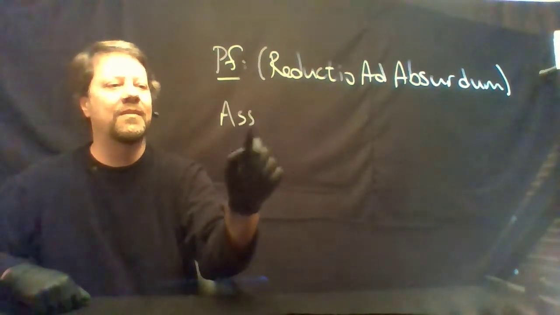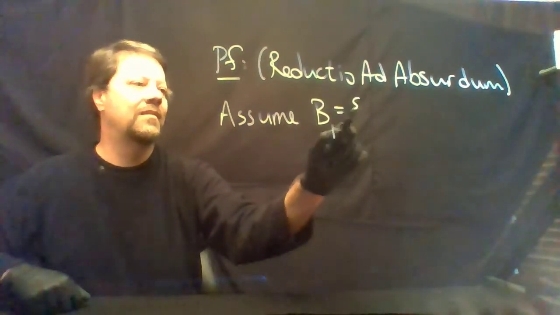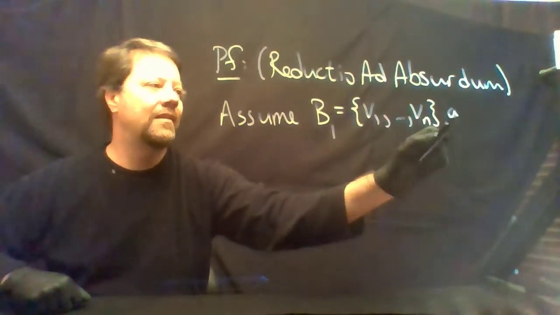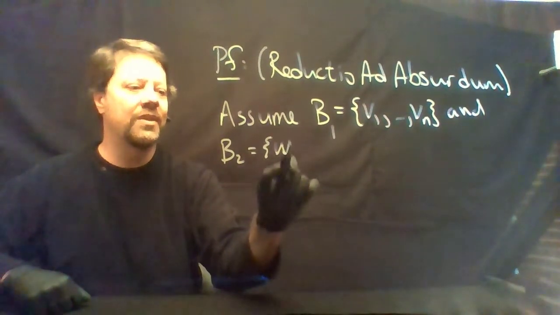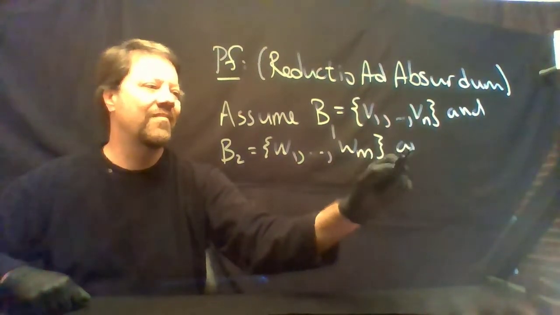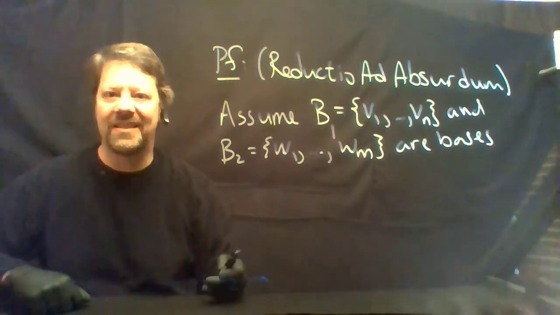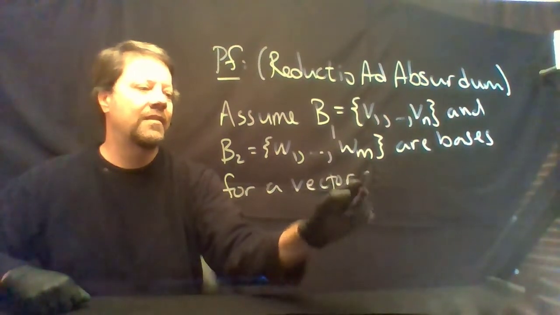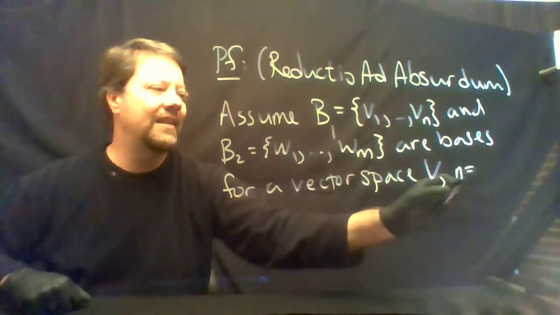We'll assume B1, which is v1 through vn, and B2, which is w1 through wm, are bases, that's the plural of basis, for a vector space V, and we'll assume that n isn't m.